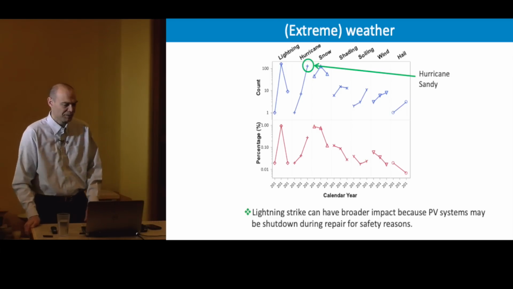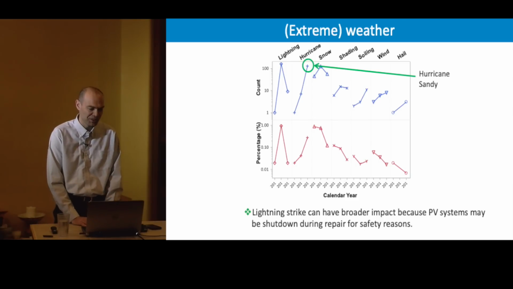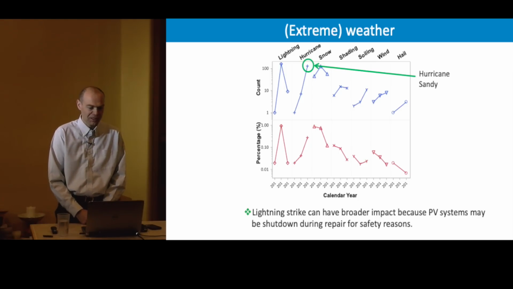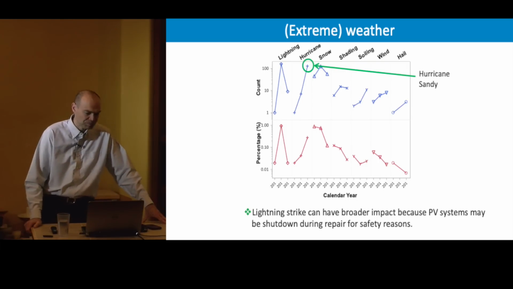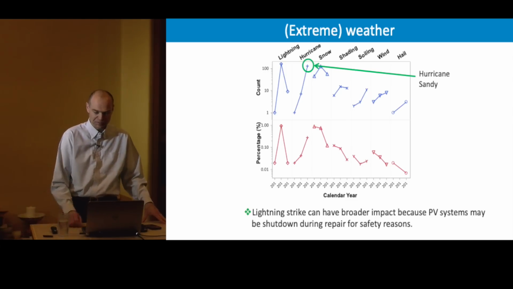We also looked at some of the comments from this large data set concerning extreme weather. Lightning was high on the list, but the large impact was not lightning hitting PV so much as a transformer being hit in a substation, which led to the PV system being down with everything else in that area. Hurricane Sandy had an impact there.